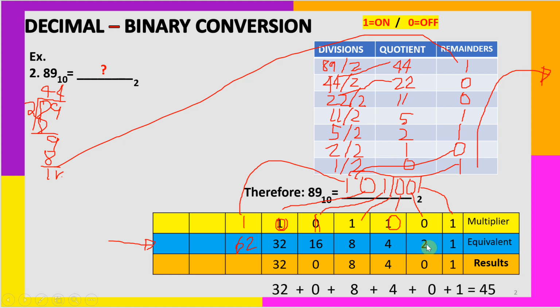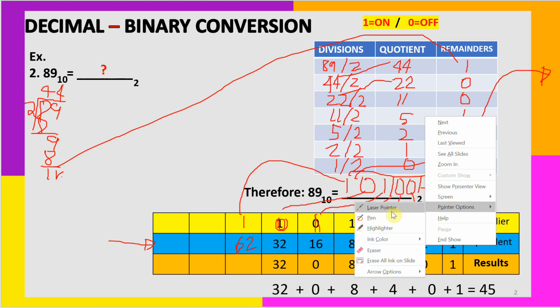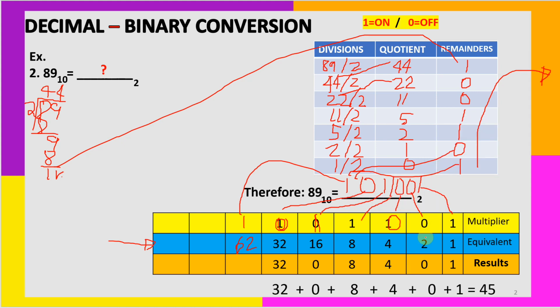Next, 0 times 2 is 0. Next, 0 times 4 is 0. Next, 1 times 8 is 8. Next, this is 1, so 1 times 16 is 16.